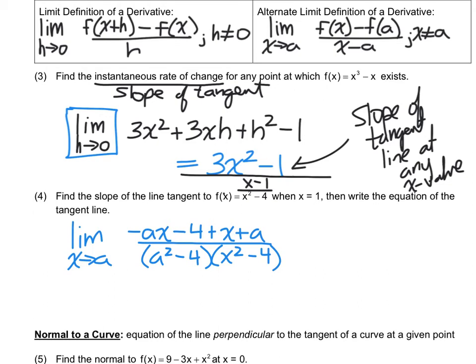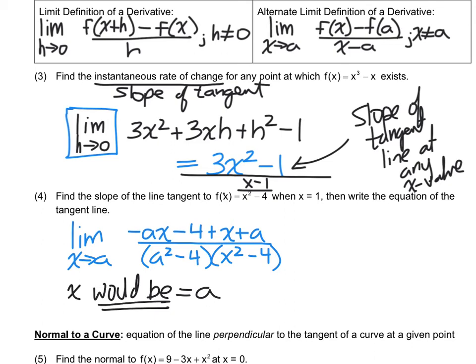Now this is one of those interesting situations because if x is approaching a, if x ever got to a, then what that would mean is that x and a would be the same. All right, it would be equal to a. It's not going to be equal, but it would be if you could get there.